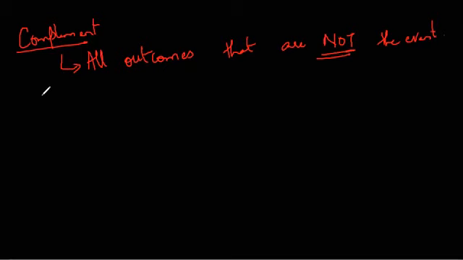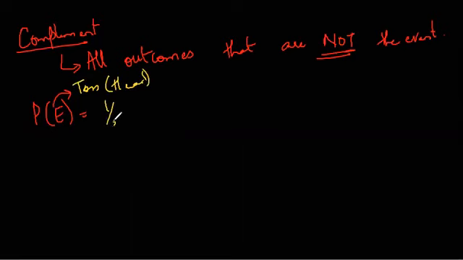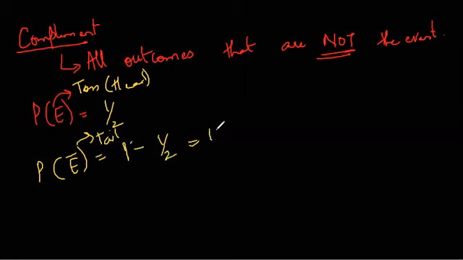Also, suppose P of E is getting a head, so when you're tossing a coin, you want to get a head. In the toss of a coin, getting a head, that is P of E, 1 by 2. Then P of E bar will be getting a tail. It will be 1 minus 1 by 2, and again 1 by 2. Okay, so this is basically a complement.